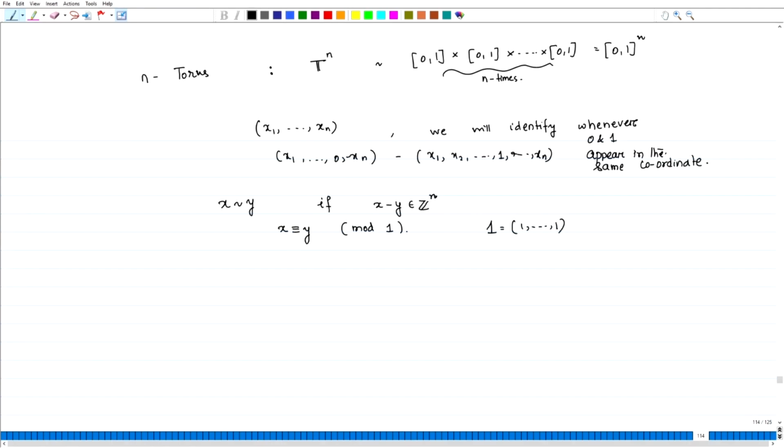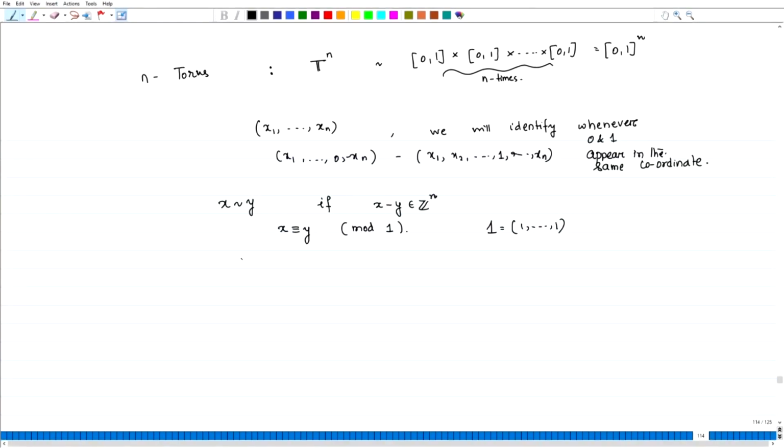One can easily see that this is an equivalence relation that partitions the whole R^n into equivalence classes.